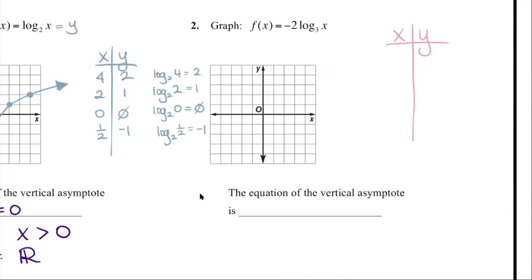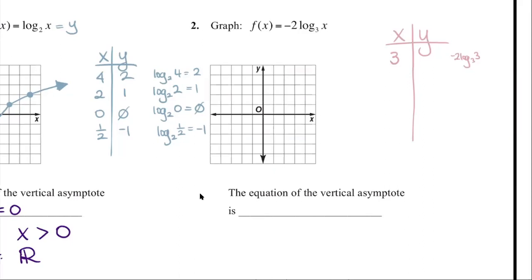3. Yes, good. Plug in 3. That is a great number to plug in. All right, so when I plug in 3, I get -2 log base 3 of 3. Now, what's log base 3 of 3? Is it 9?